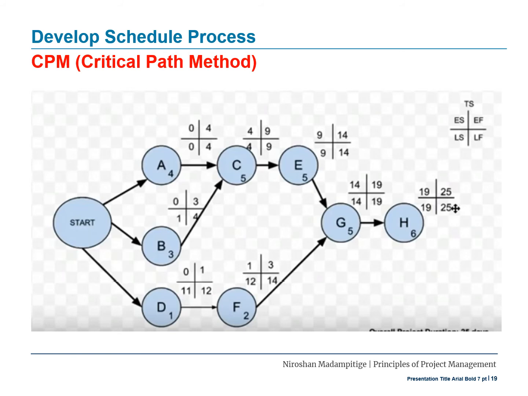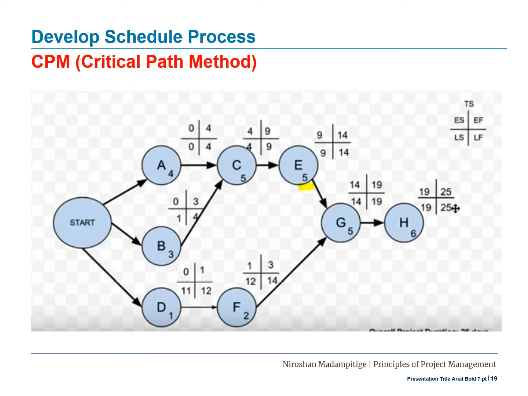Then go back to E. So what is the late start for E? Again, 14 minus 5, that is the duration for E, is the late start.